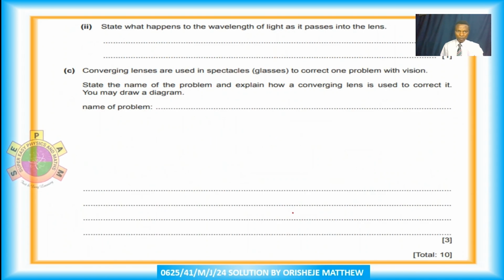Okay. State what happened to the wavelength of light as it passes into the lens. I've already said that wavelength reduces. Now, what is wavelength? Wavelength is the distance traveled by a wave in one complete oscillation. So that is what is called wavelength. So if you have the understanding of that, let's see, this is a wave.